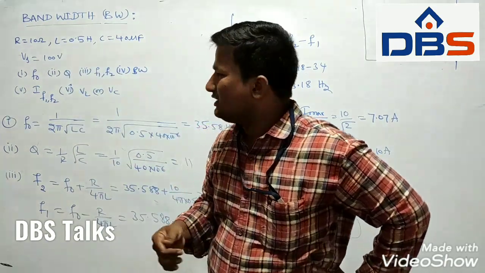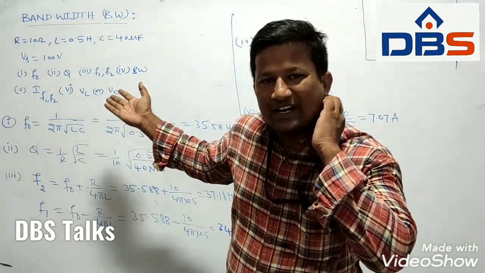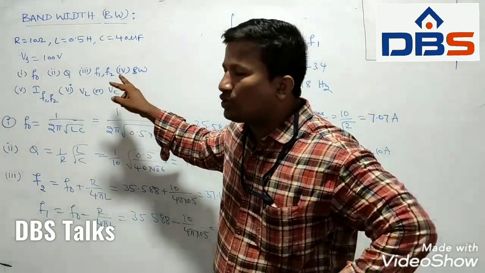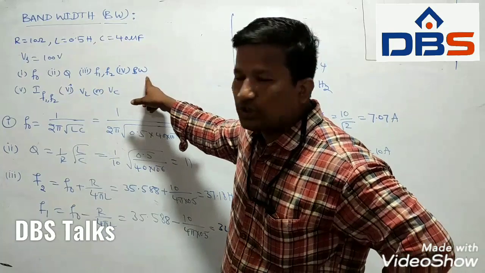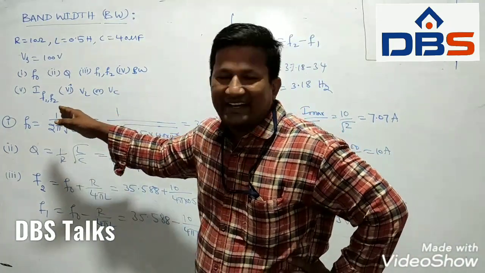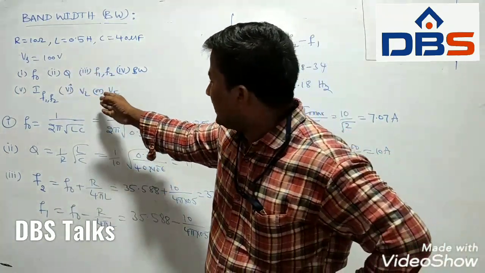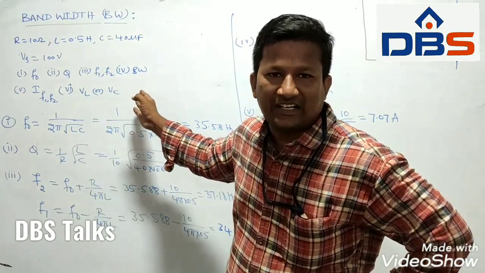Now find out the resonant frequency, quality factor, the two cutoff frequencies, that is the lower cutoff frequency and higher cutoff frequency, and also the bandwidth, current at cutoff frequencies, voltage across the inductor and voltage across the capacitor.